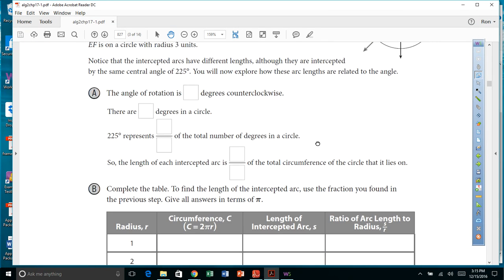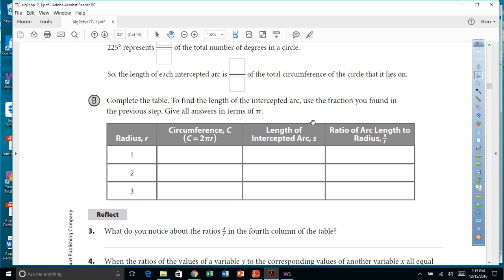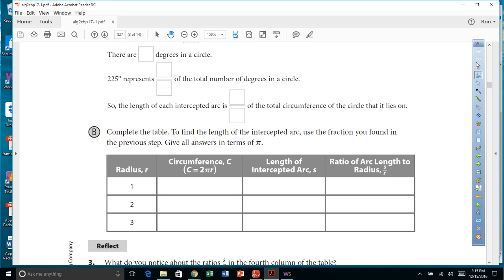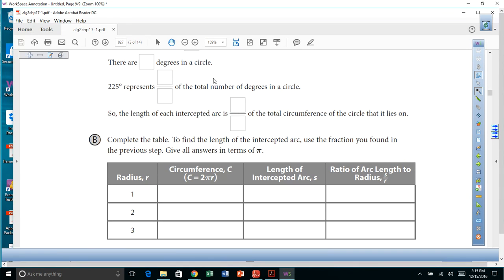So the length of each intercepted arc is 5/8 of the total circumference of the circle that it lies on. So now let's complete the table.